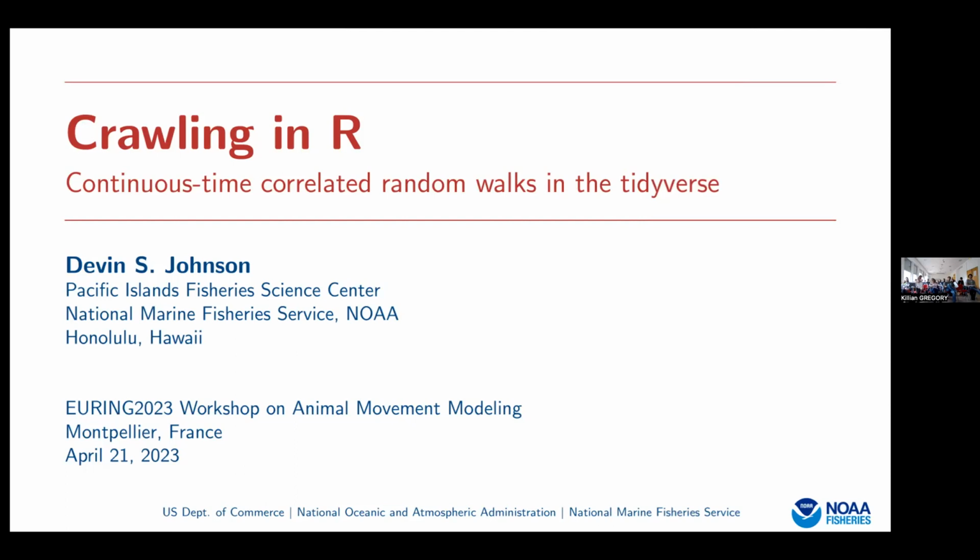As I was watching all the talks today, I thought of one thing that Mevin actually mentioned briefly: all these models we're fitting are to individual animals at a time. So if you want a population inference, what do you have to do after you fit these nice complicated models to 20 animals?